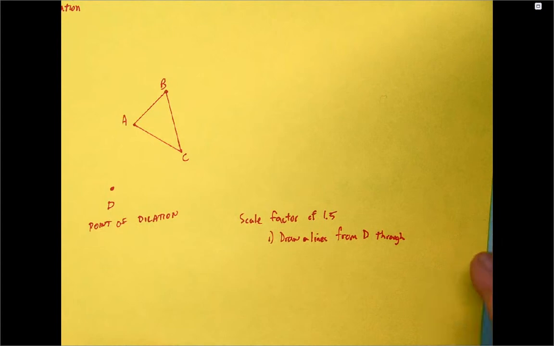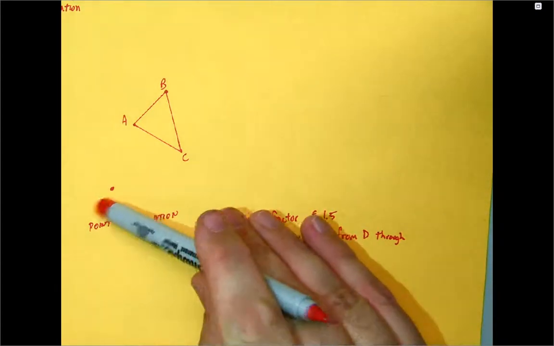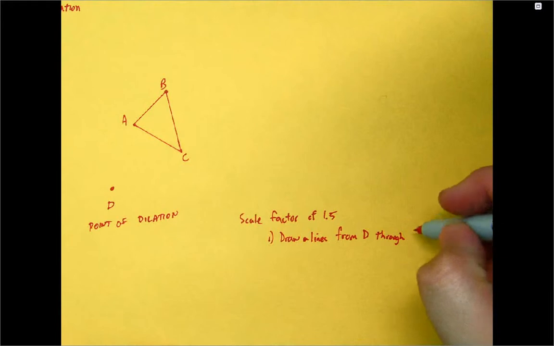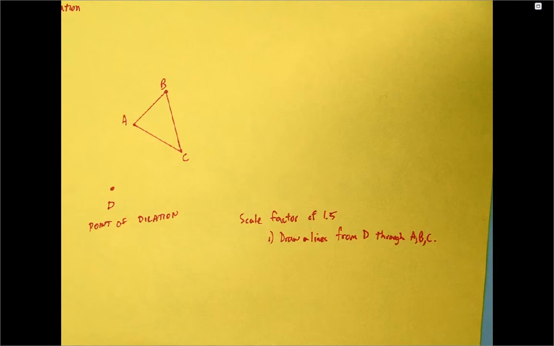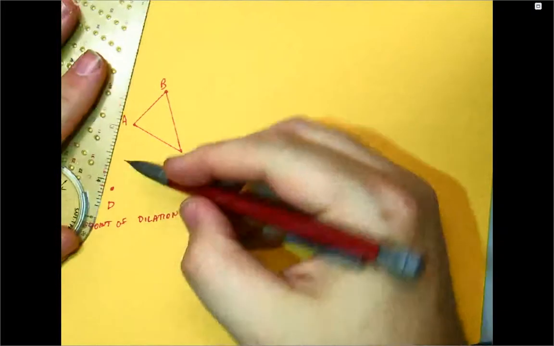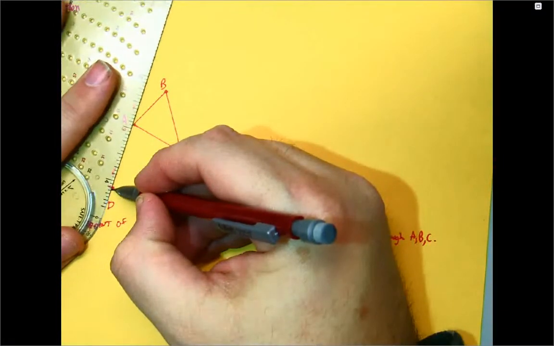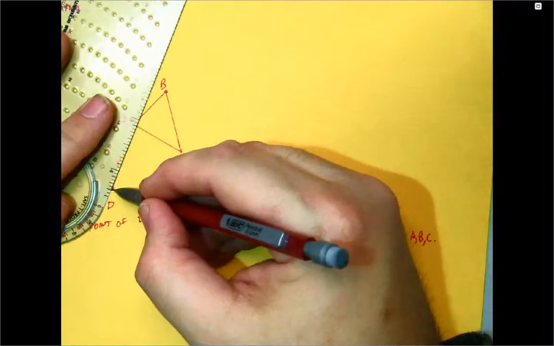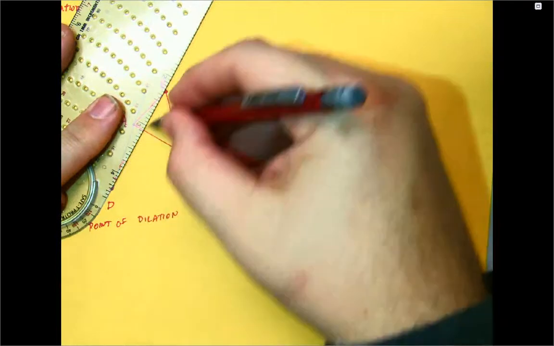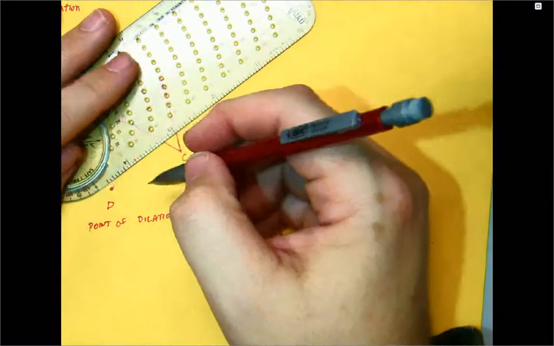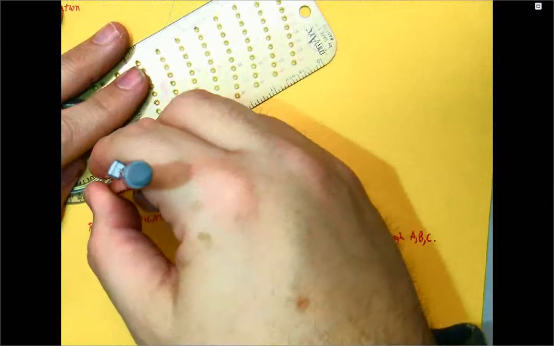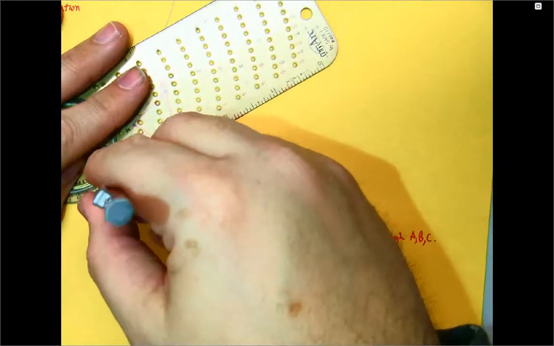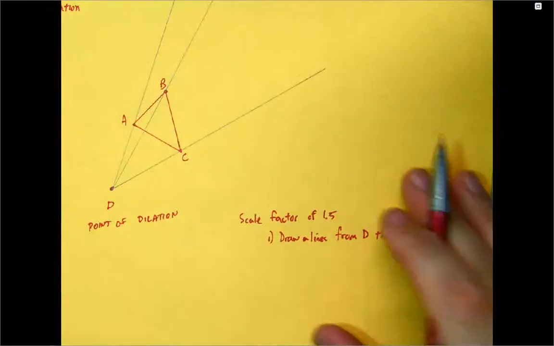We're going to draw lines from point D through A, B, and C. So we end up drawing these lines like this.